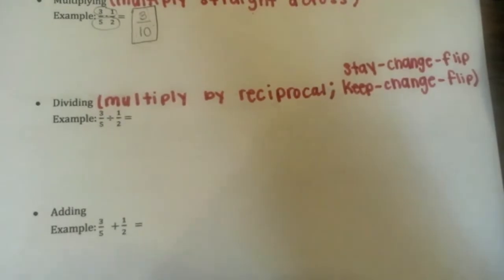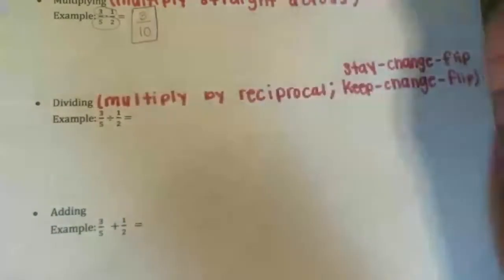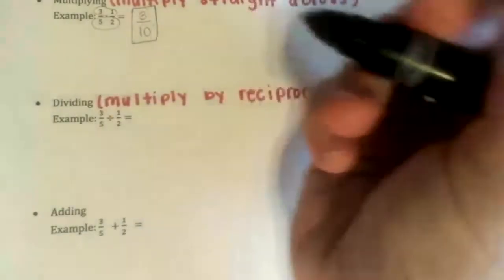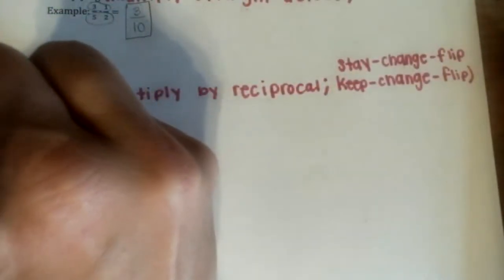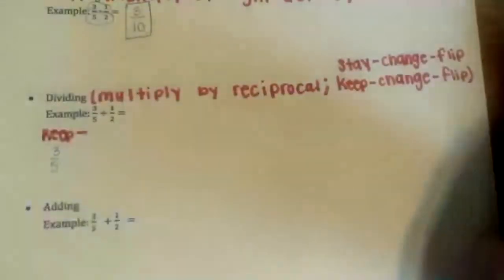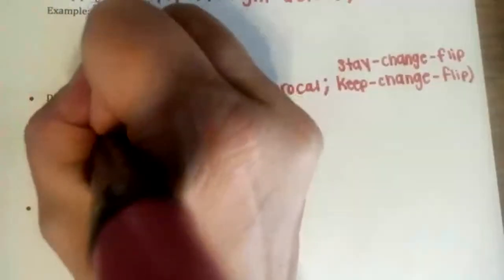So we're going to keep the first fraction the same. So if we have 3/5 divided by 1/2, we're going to keep 3/5 as 3/5. We are going to change our operation.